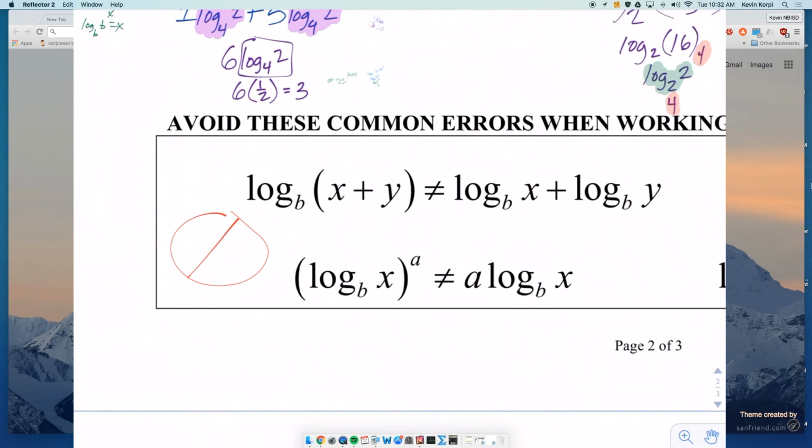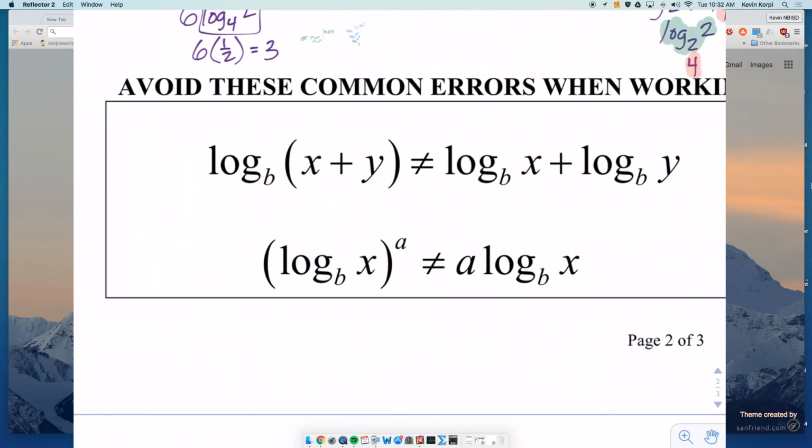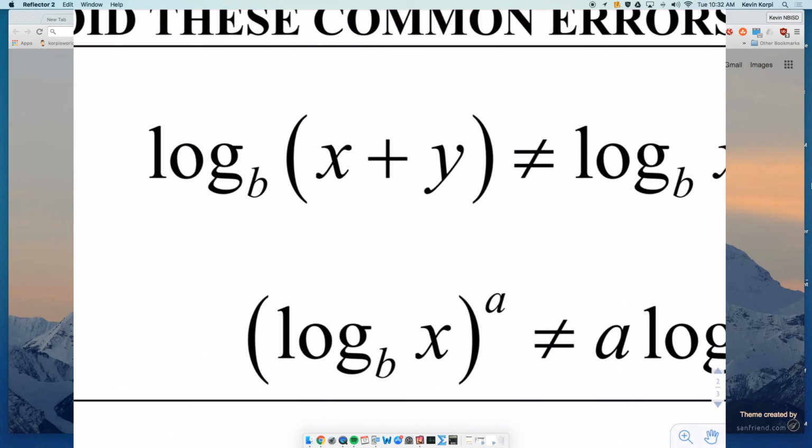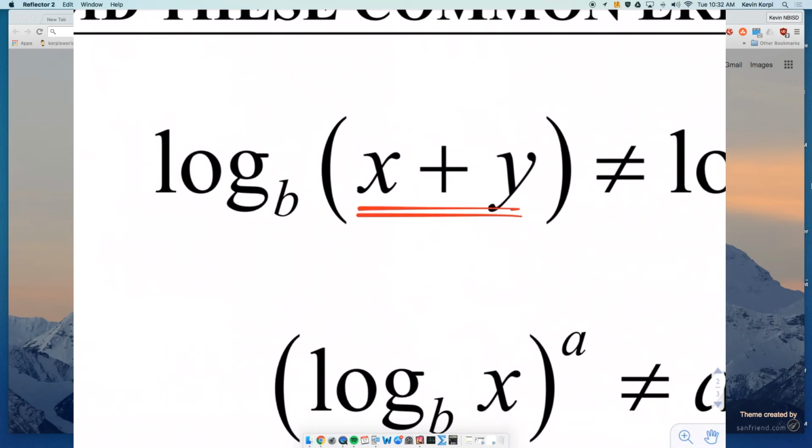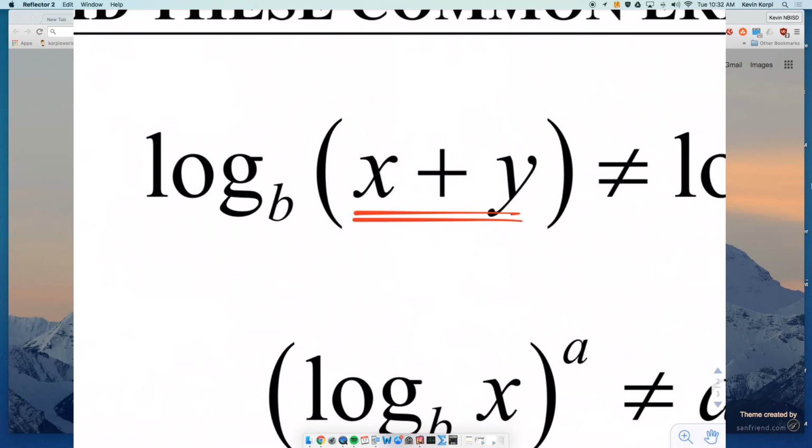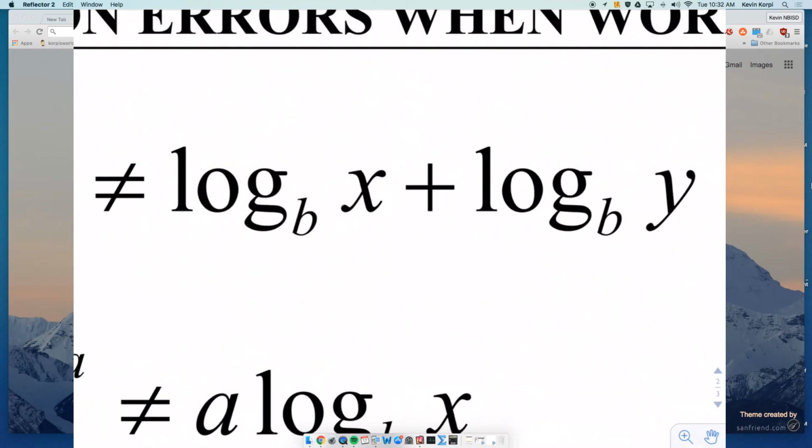So sometimes it's nice to see what doesn't work instead of just what does work. So here are 4 common mistakes that students make, and I'm here to tell you these don't work. If you have the log of a sum or a difference, you cannot distribute the log into its own argument. It does not work. And we already had that conversation up above.